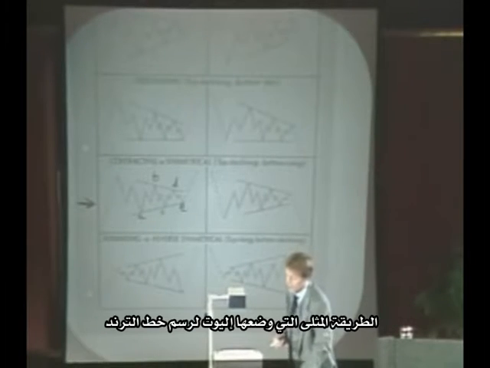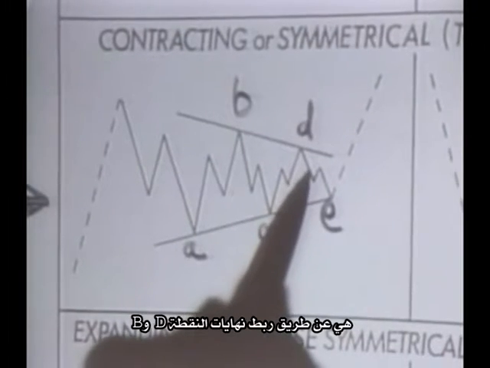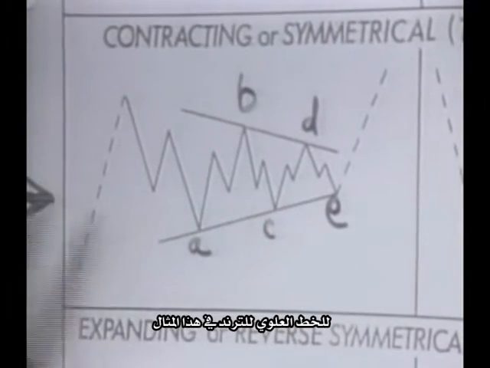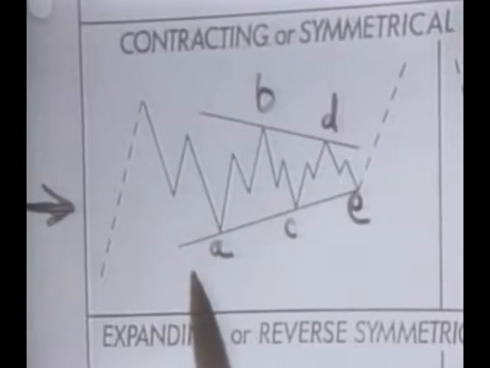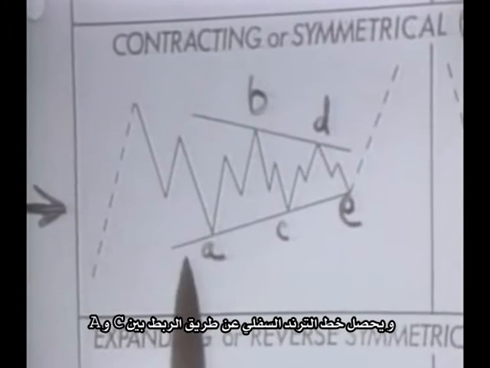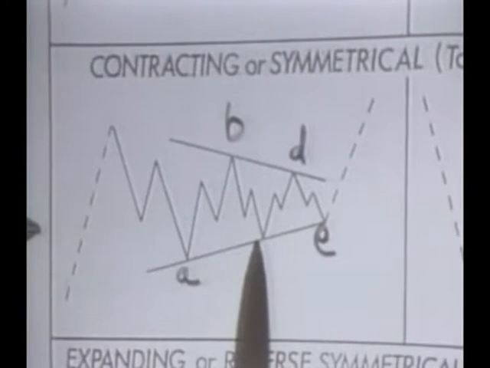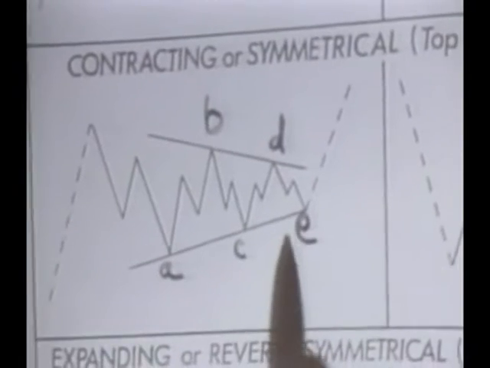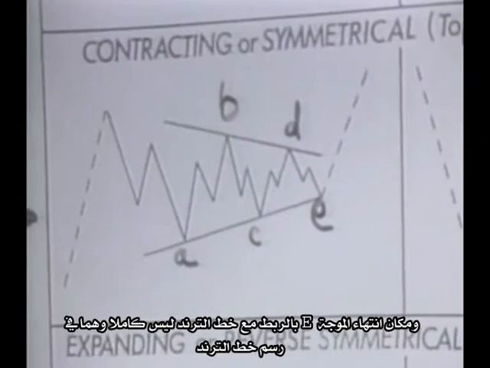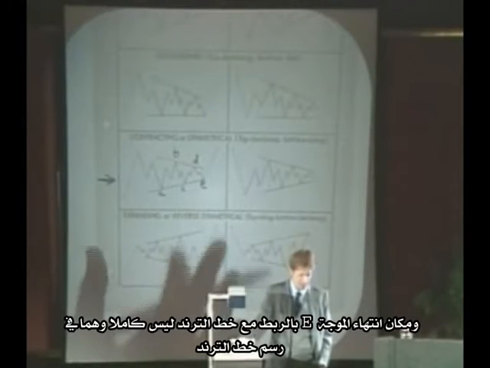The correct way that Elliott said to draw trend lines is by connecting the ends of points B and D for the upper trend line, in this example. And the lower trend line is obtained by connecting points A and C. Where the E wave ends relative to the trend line is not a factor in drawing the trend line.